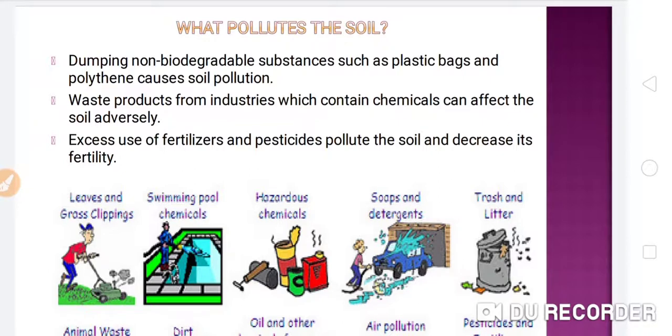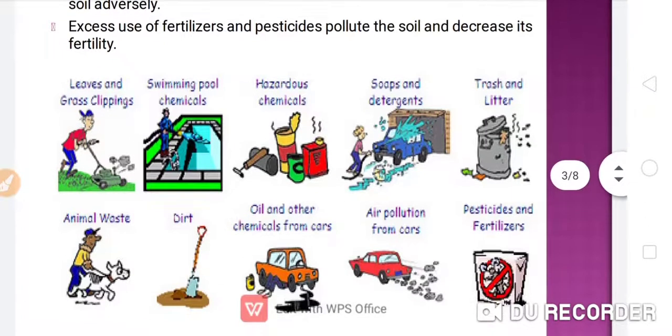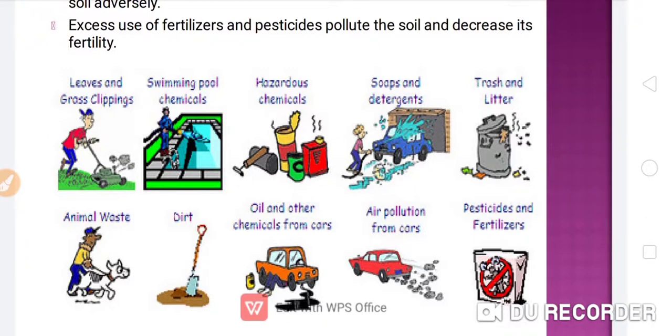Now, excess use of fertilizers and pesticides pollutes the soil and decreases its fertility, as we have discussed in the previous points also. Now you can see in this given figure the number of activities which we are doing. All these activities are responsible for causing soil pollution.